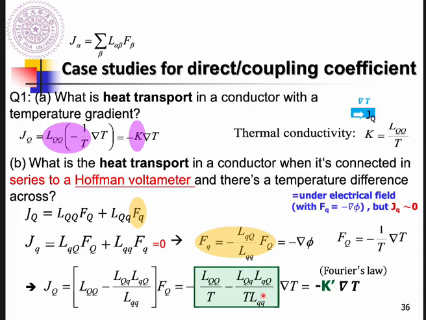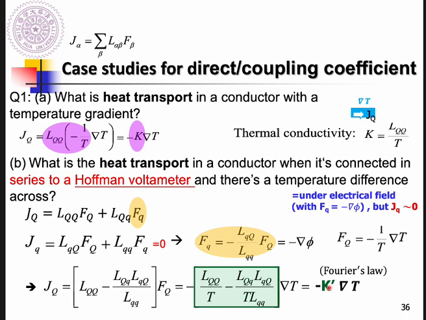Let me check whether this term is positive or negative. L small q is actually the electrical conductivity, which is positive. These two terms are based on Onsager symmetry, so the values are the same, and these are positive as well. So you have kappa minus an extra positive term.